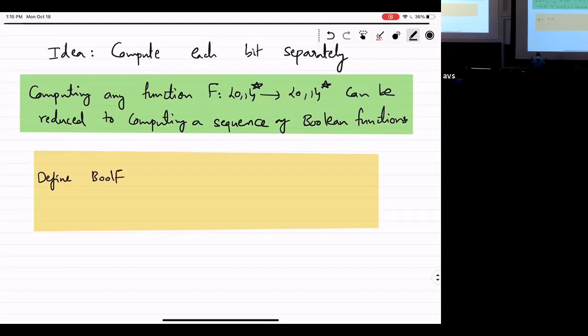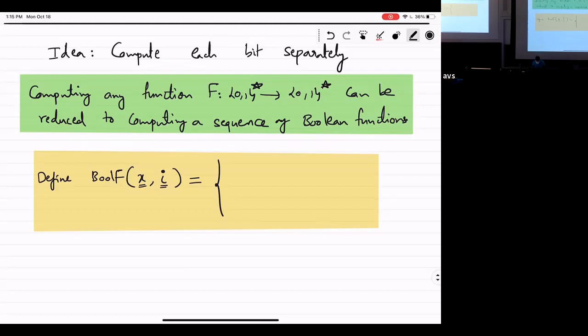Okay, it's kind of a Boolean version of the input function f, which takes a string x as input and an integer i as input, and it's supposed to indicate whether the ith bit of the output is actually 1 or 0.